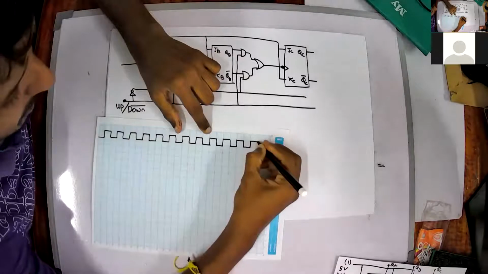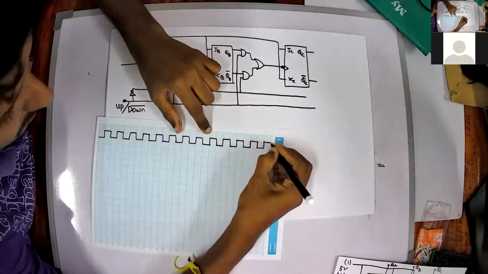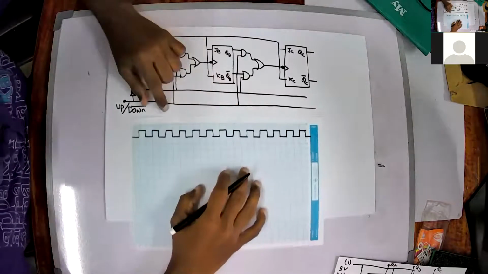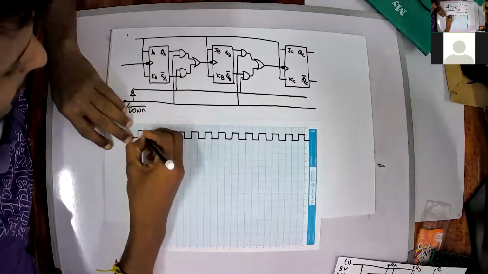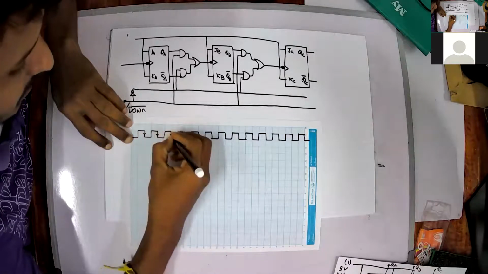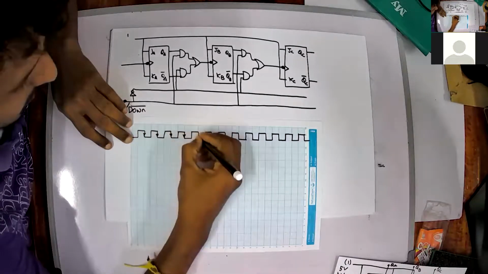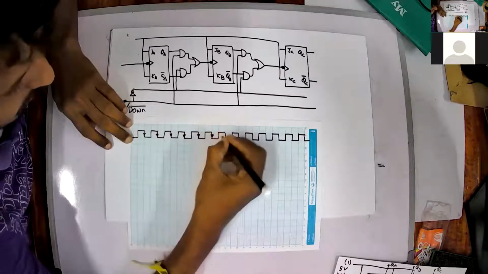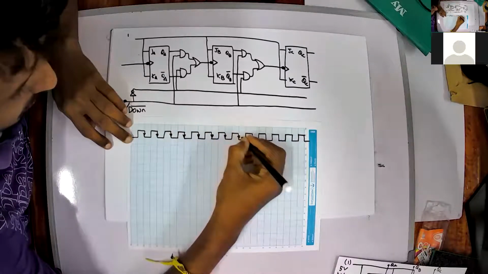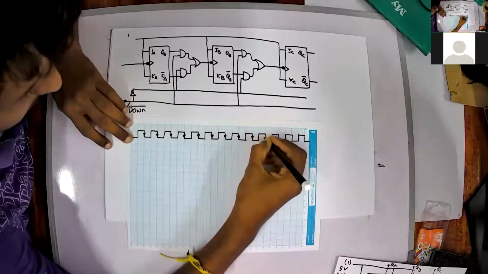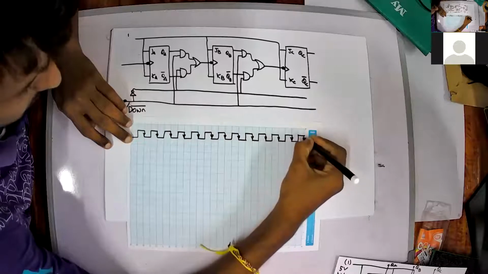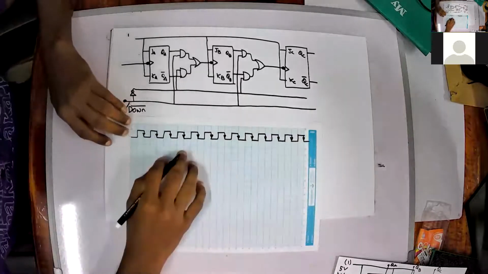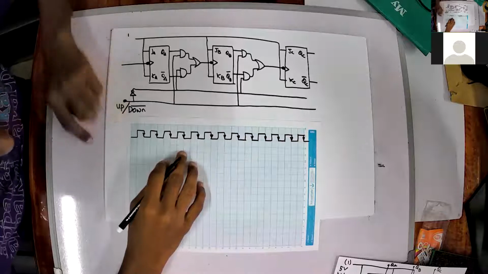Now, let's see how this up and down counter works. For example, I will mark the negative edges here. Also I need the up and down line as well.